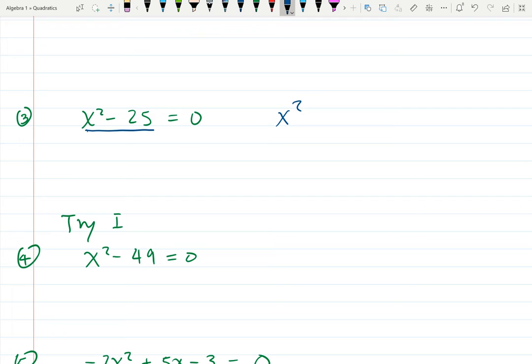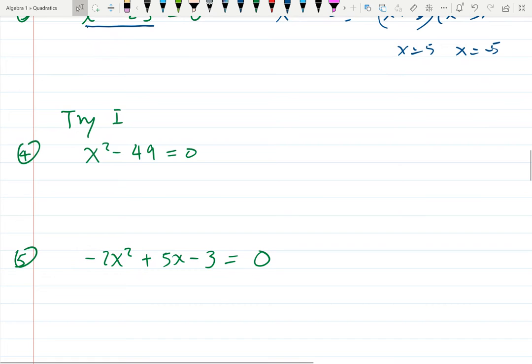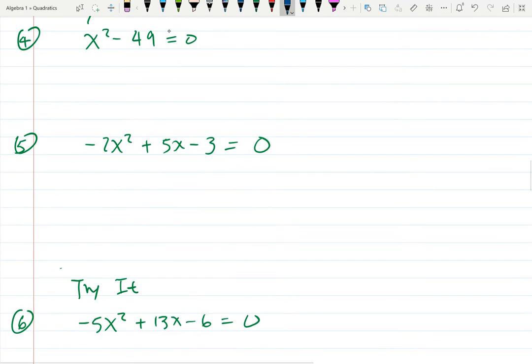This is x squared minus 5 squared. What do you call that? Difference of two squares. So you say this is x plus 5, x minus 5 equals 0. So this is what you're going to solve, and you're going to get x equals 5 or x equals negative 5.